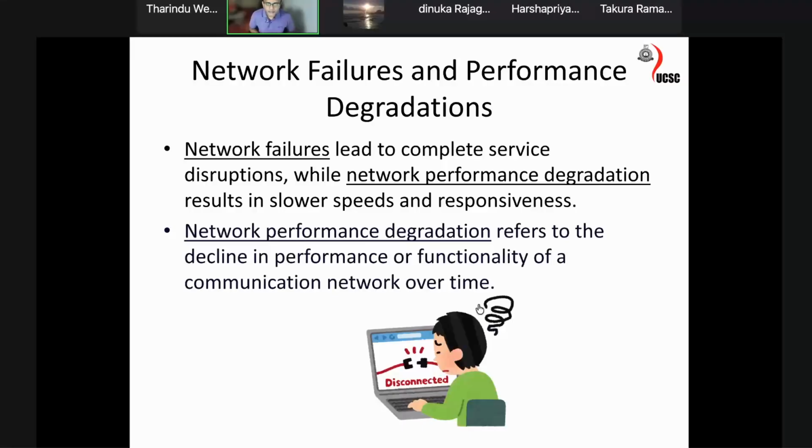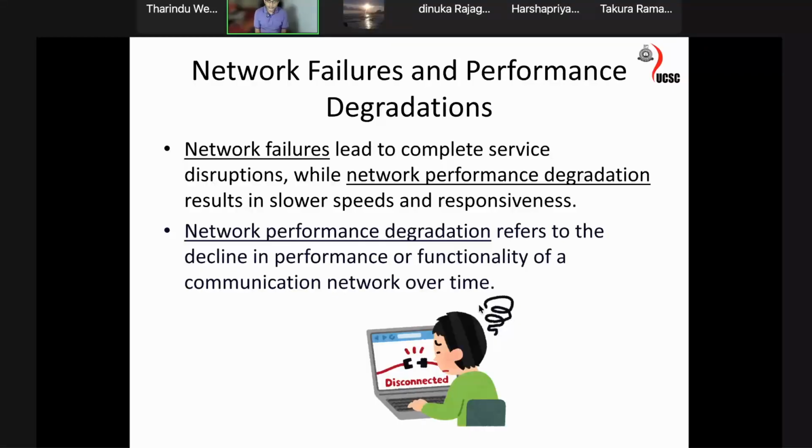Okay, the network failures and performance degradation. These are a couple of definitions. Network failures lead to complete service disruptions, while network performance degradation results in slower speeds and responsiveness. Complete service disruption is quite easy to understand.